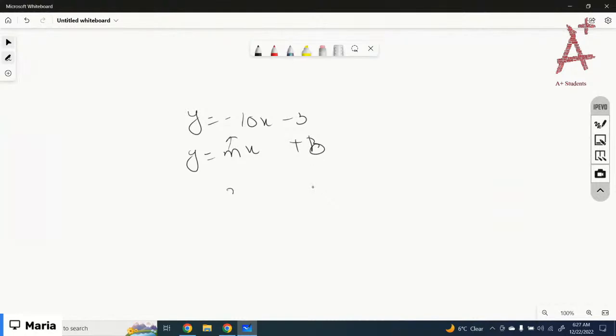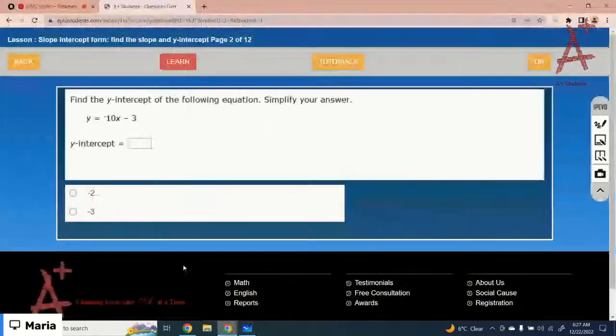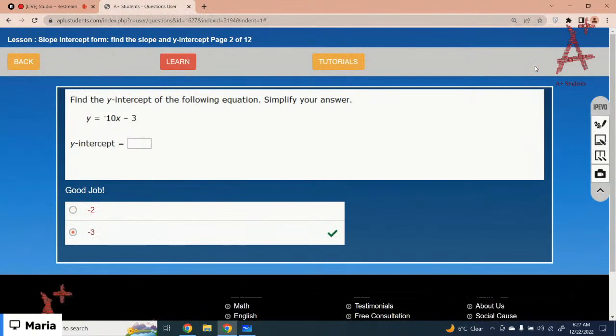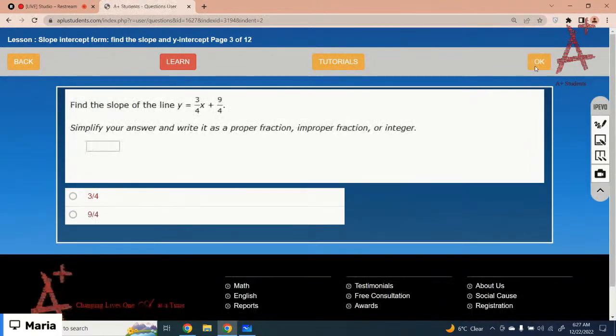So m is -10 and b equals -3. Got it? And b is the y-intercept. Got it? So the y-intercept of the equation is -3. Got it? So just select the correct option and click on the OK button.